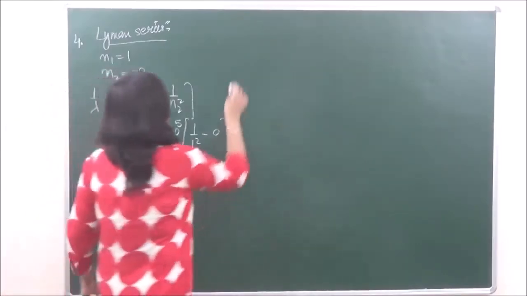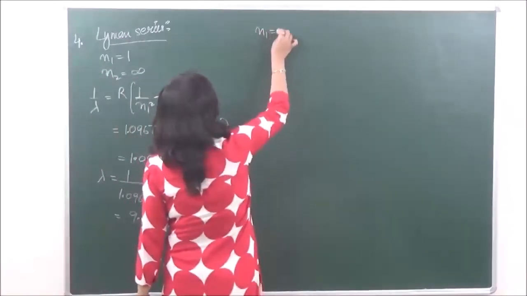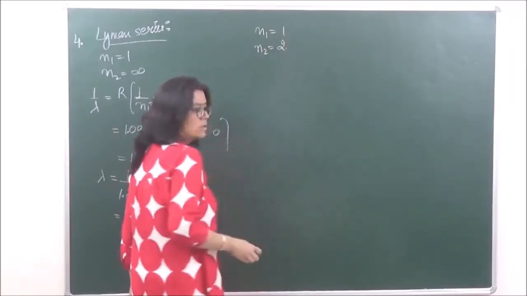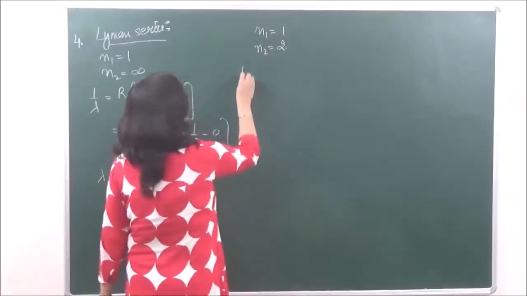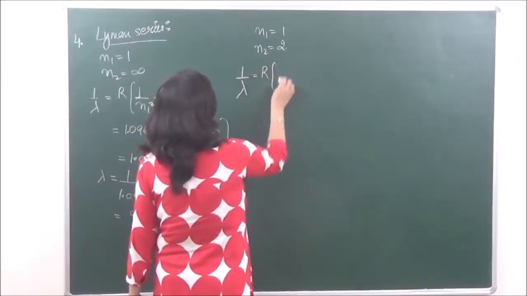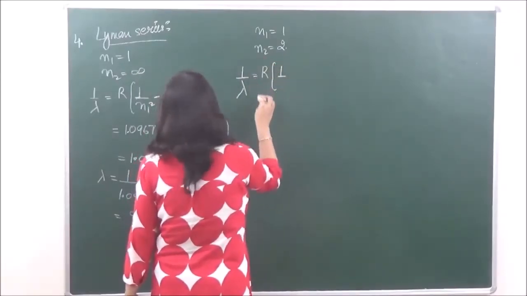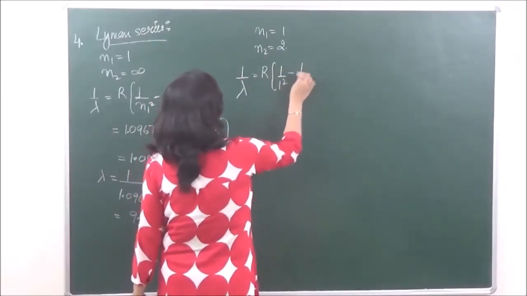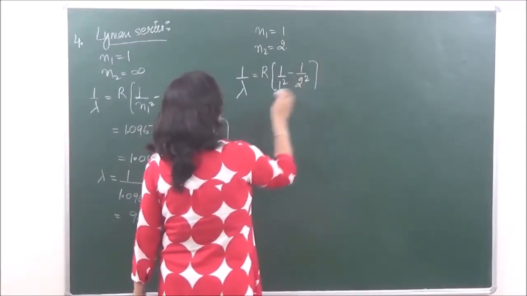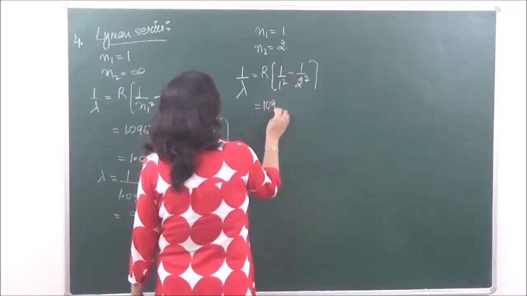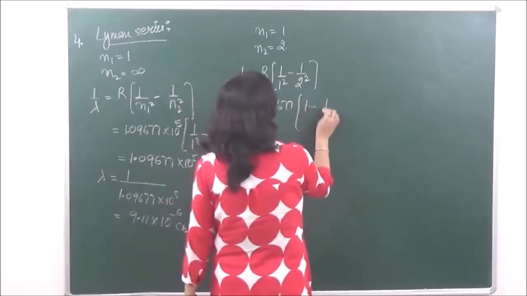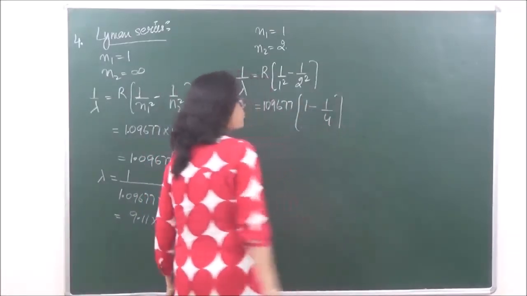For longest wavelength, n1 is going to be equal to 1 and n2 is going to be equal to 2. Right? So we have 1 upon lambda equal to R times (1 upon n1 square, that is 1 square, minus 1 upon 2 square), which is 109677 times (1 minus 1 by 4).